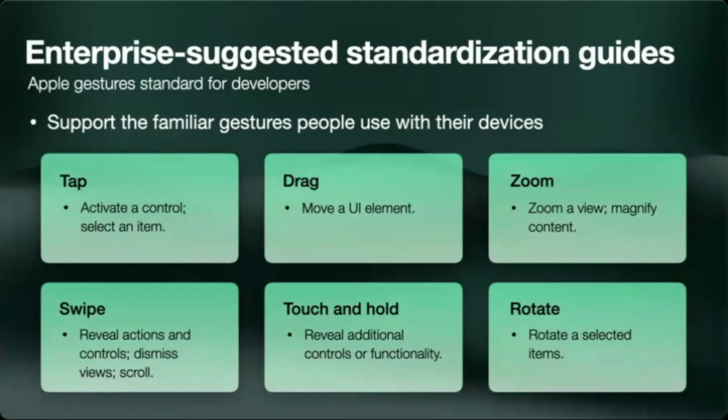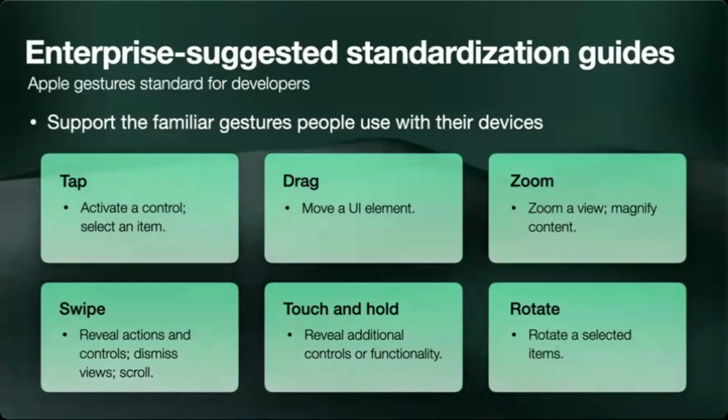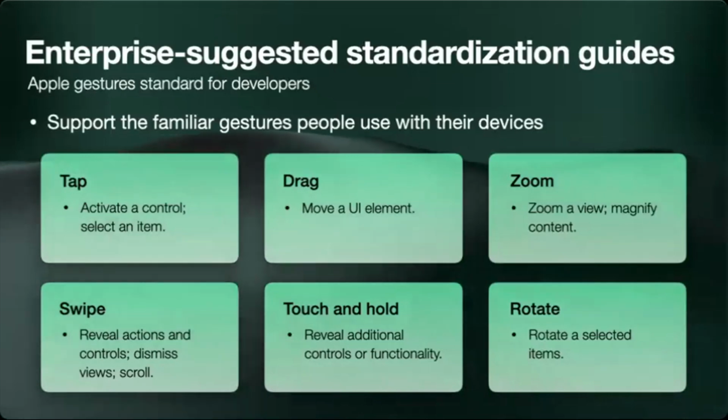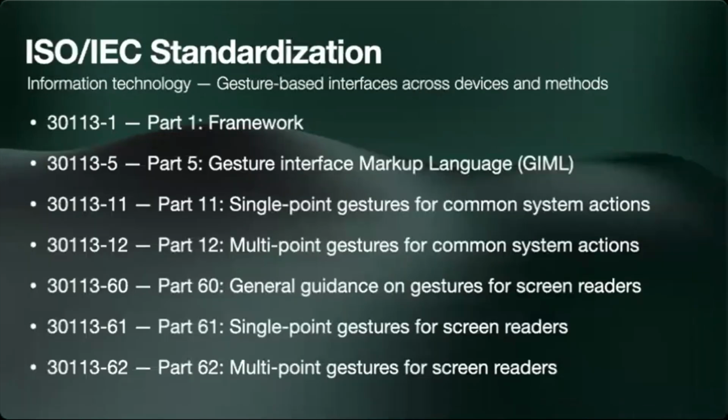The touch and hold gesture opens up more advanced controls or context menus, like pressing and holding on an icon to view quick actions. Finally, rotate gestures allow users to twist or spin items, which is especially helpful for editing images or manipulating 3D objects.